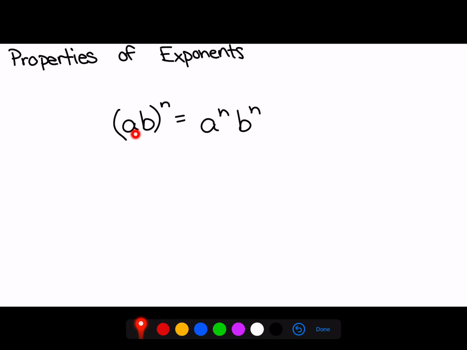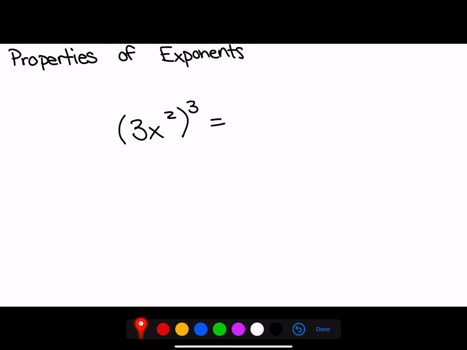Just know that you can break it apart into two different numbers, and both of those numbers will still be raised to an exponent. And in fact, it'll be the same exponent that's on the outside. Now, of course, these two are still being multiplied, so I can go ahead and continue working on it if I need to, after the fact. For instance, if this was 100, it would be, let's say, 50 and 2, and then I can just do 50 and 2 raised to whatever power it is and find a simplified answer as well.